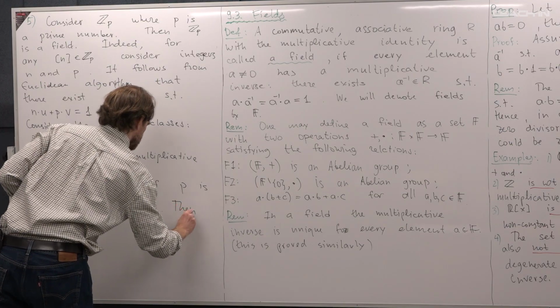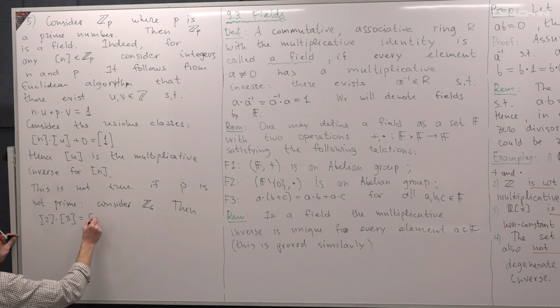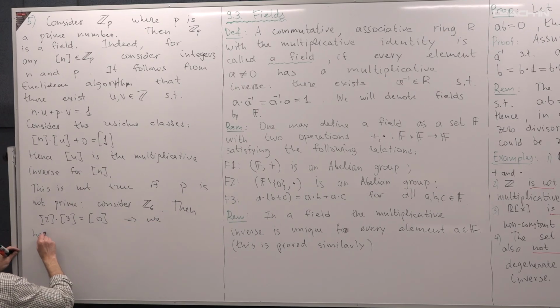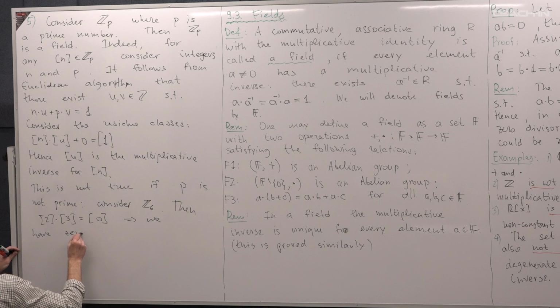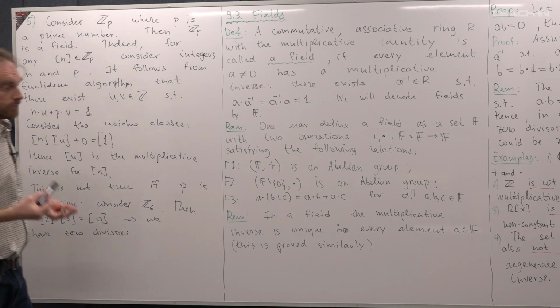Then the class of 2 multiplied by the class of 3 equals the class of 0. So we have zero divisors, and this is not possible in a field, as we just proved.